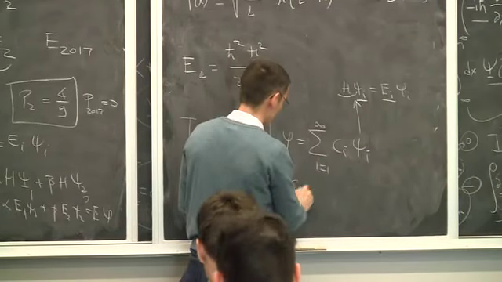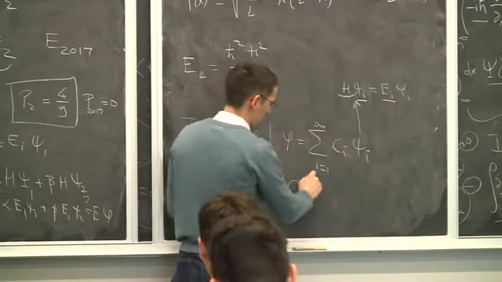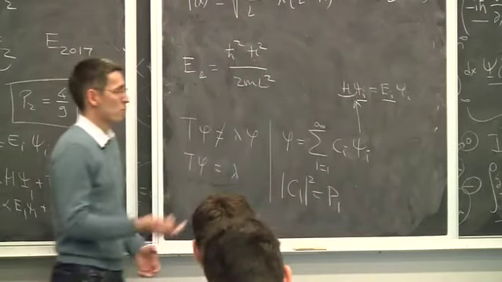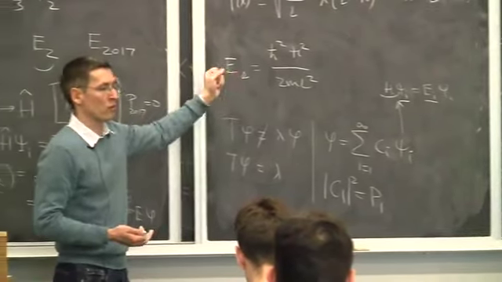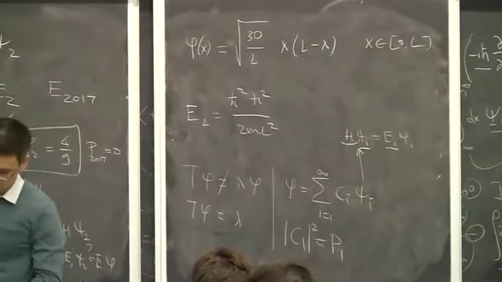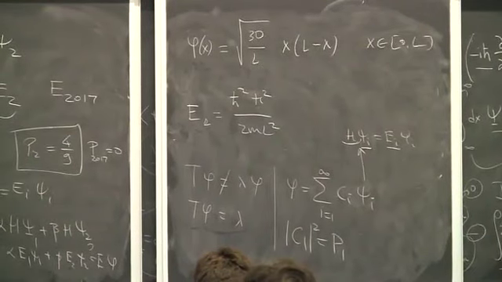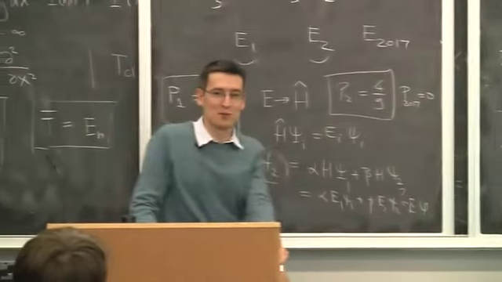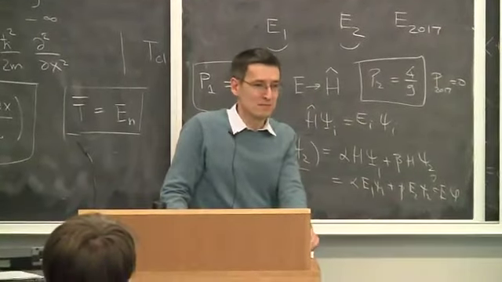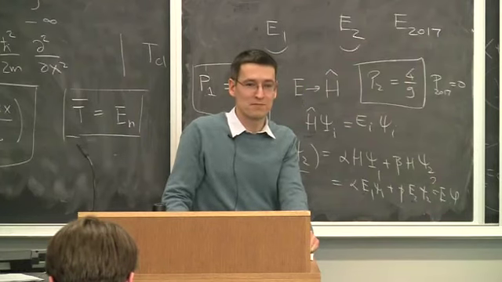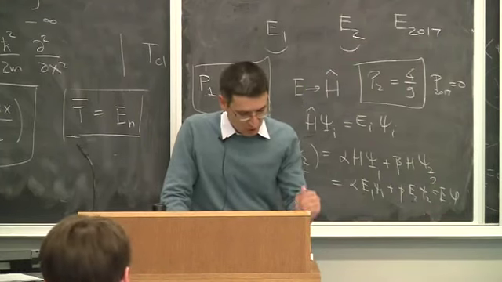So that's why we need C1 absolute squared, and that will be the probability in an experiment to get E1 when we measure energy for the system given by the function phi, right? Yeah, sometimes these statements are too long, but that's what it is. All right, so how do we get this coefficient?